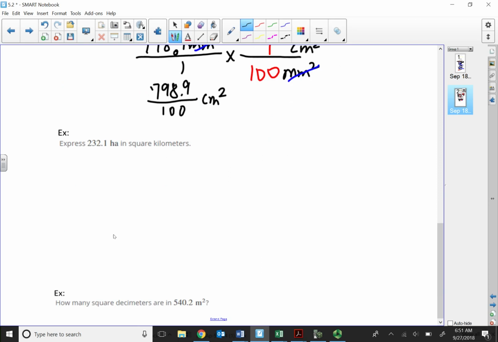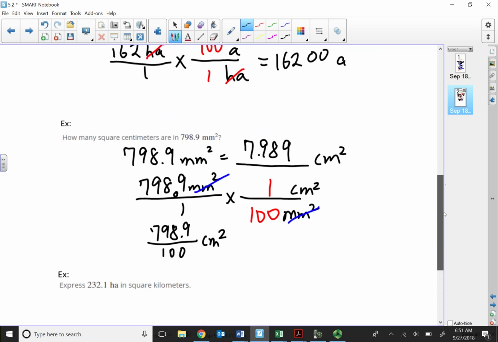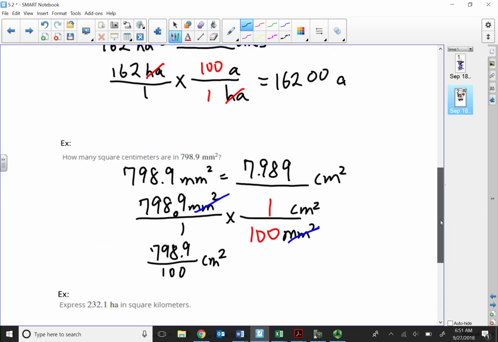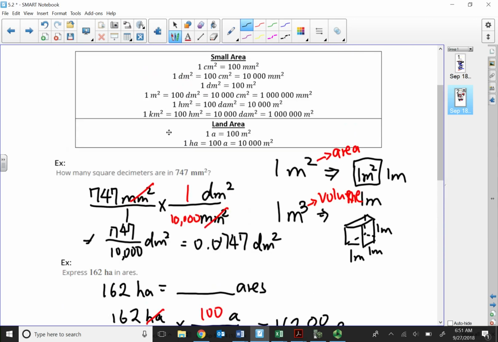All right, this one is hectare to square kilometer. Convert from hectare to square kilometer. So let's see what the ratio is, hectare to square kilometer.